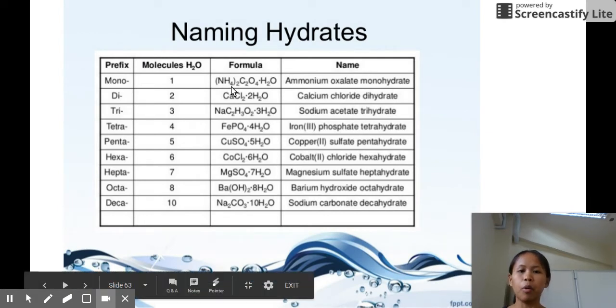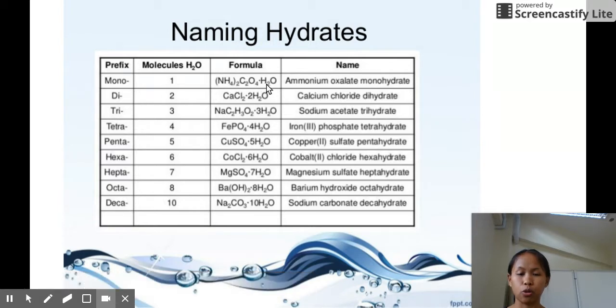This is ammonium oxalate, (NH4)2C2O4·H2O. If there's no coefficient before water, that's understood to be 1. So you name this ammonium oxalate monohydrate. If it's CaCl2·2H2O, you name first the ionic compound, that's calcium chloride, and there are two waters, so that's dihydrate.